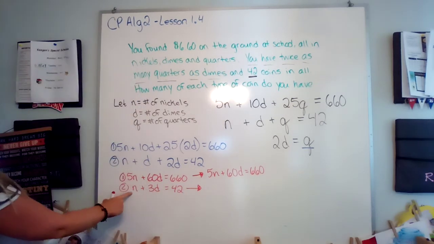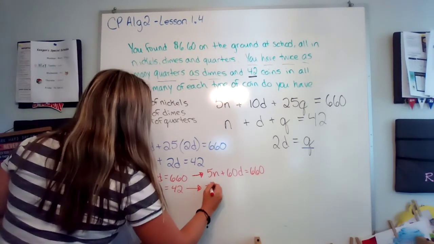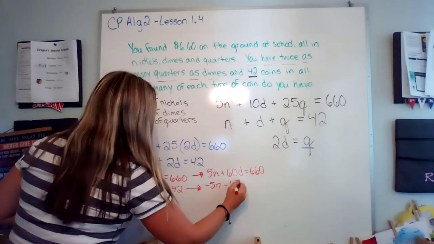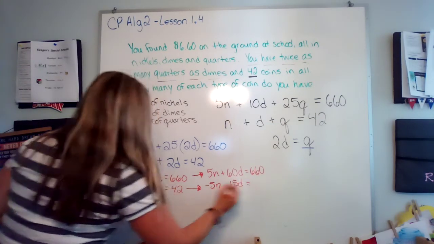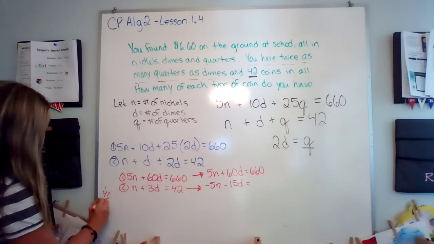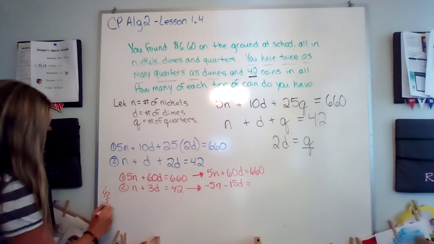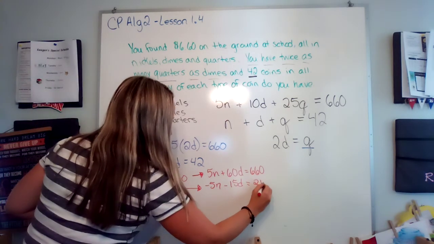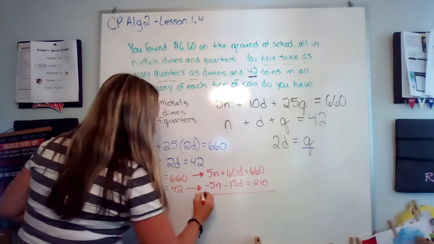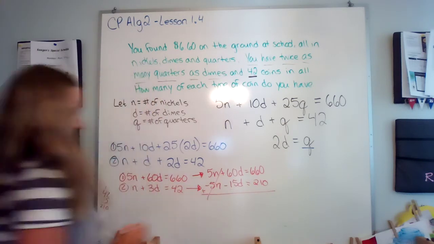All right. So if I multiply by -5, it's -5n. Multiply by -5 here, so -15d. And then multiply by -5 over here, make sure I don't make a mistake, 20, 21, 210. All right. And then I'm going to add, and that'll eliminate my n's.